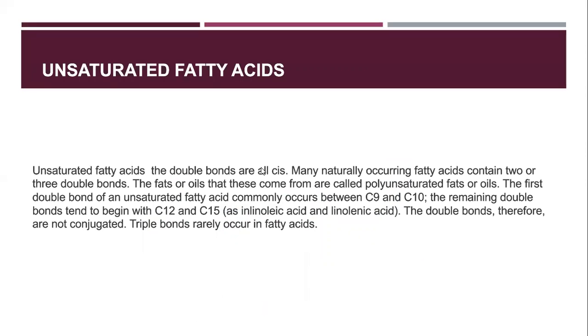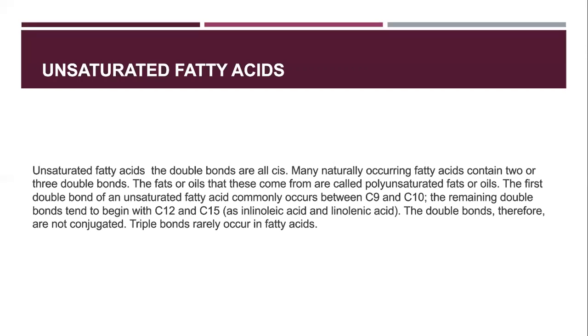Unsaturated fatty acids. In unsaturated fatty acids, the double bonds are all cis. Many naturally occurring fatty acids contain two or three double bonds. The fats or oils that these come from are called polyunsaturated fats or oils. The first double bond of an unsaturated fatty acid commonly occurs between carbon 9 and carbon 10.